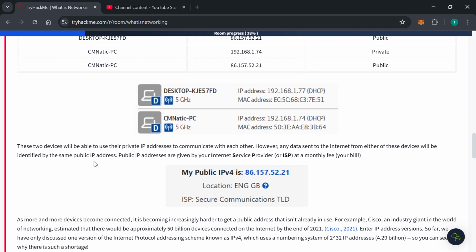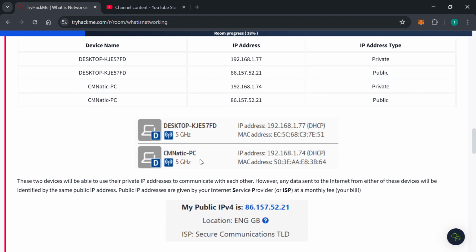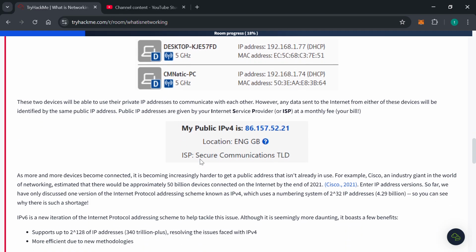So these devices will be able to use their private IP addresses to communicate with each other. However, any data sent to the internet from either of these devices will be identified by the same public IP address. That's because they're on the same network, right? Good. So public IP addresses are given by your internet service provider at a monthly fee.